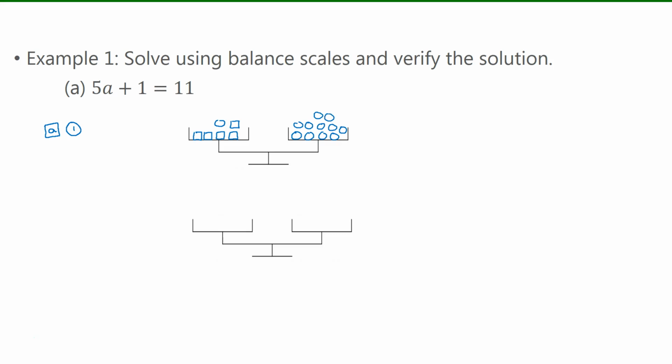Now what we want to have is squares on one side, all the variables on one side, and all the circles, or all the numbers, on the other side.